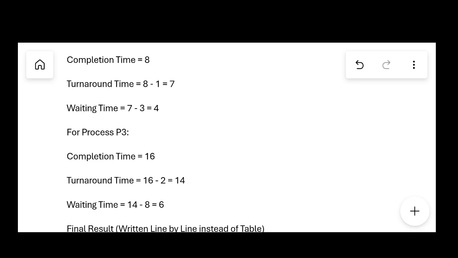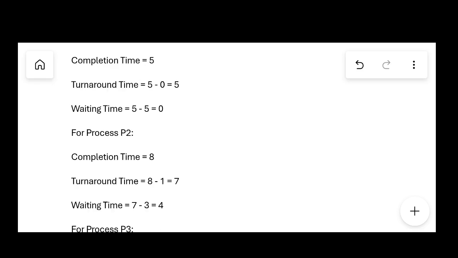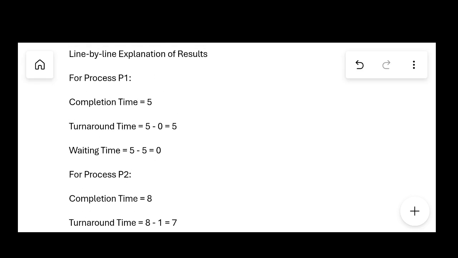Then waiting time, the time a process spends waiting in the ready queue. Basically for P1 it is turnaround time minus burst time. So 5 minus 5 equals 0.